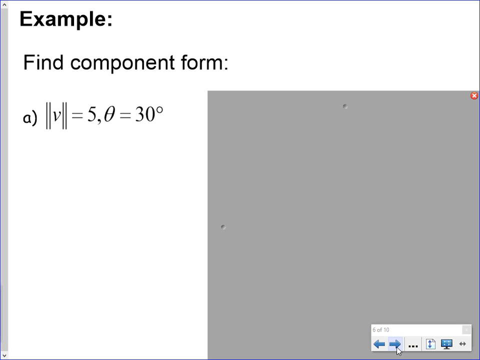Use the stuff we just wrote down. You know magnitude, you know direction angle. Plug them in.